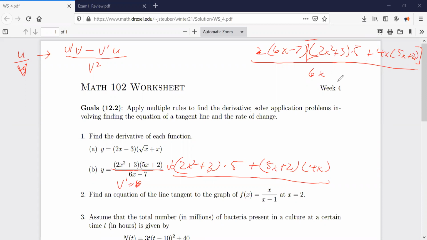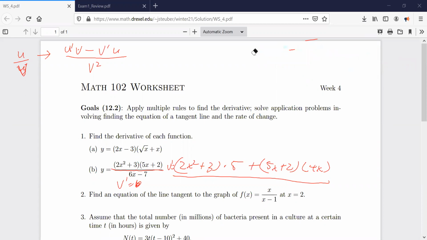Sorry, I still haven't actually written the second half of this because I ran out of space. So I'm going to erase this and start writing over. So we do 6x minus 7 times the derivative of the top, so that's that 5 times 2x.